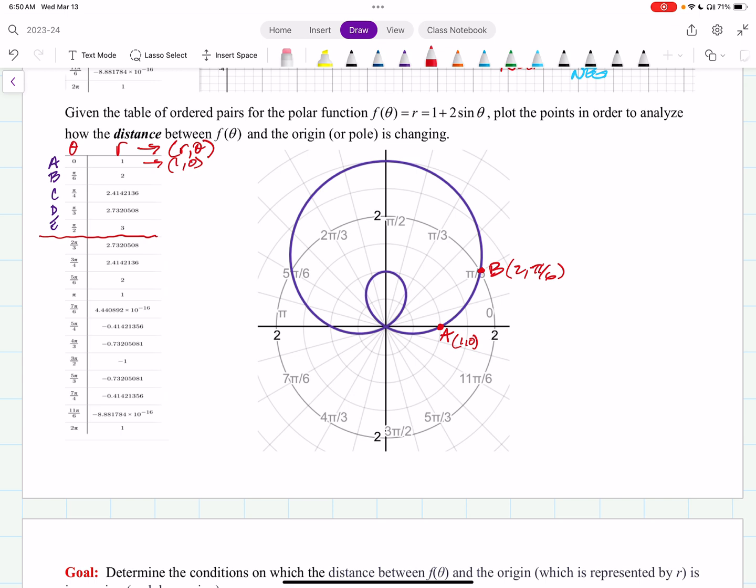And then 2.4 comma pi fourths. So this is pi fourths. 2.4 is a little bit greater than 2, right? So it's got to be here. So that's C. And then D is 2.7 comma pi thirds, which is here, D. And then E is at the top here, 3. So this is at 3.